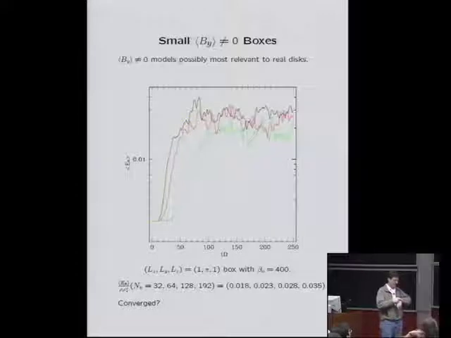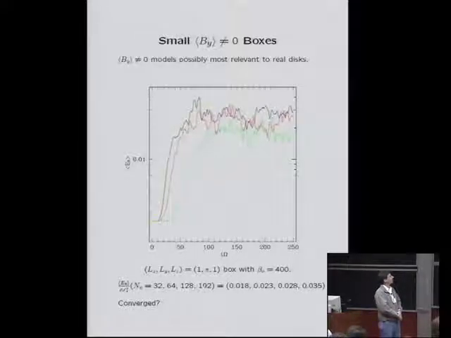Then I just want to spend a couple minutes on mean azimuthal field boxes. I think these models are possibly the most relevant to real disks. Look at the global simulations, local models in which field can escape through the boundaries, or the galaxy, which has a large-scale mean field.